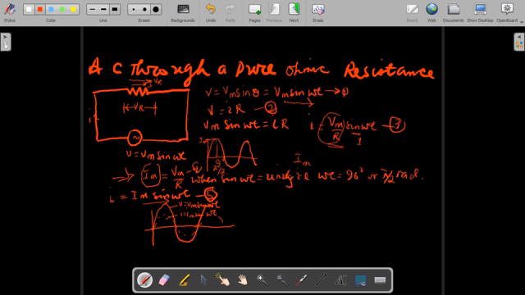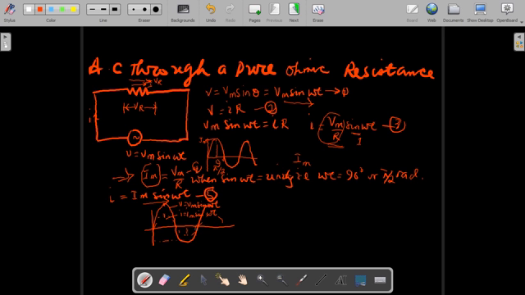For example, when the voltage is at 0, the current is also at 0. By the time the voltage is maximum, the current is also maximum. By the time the signal makes a reversal, it's still the same thing on the negative axis. By the time the voltage is 0, the current is 0. By the time the voltage is negative maximum, the current is also maximum on the negative side.